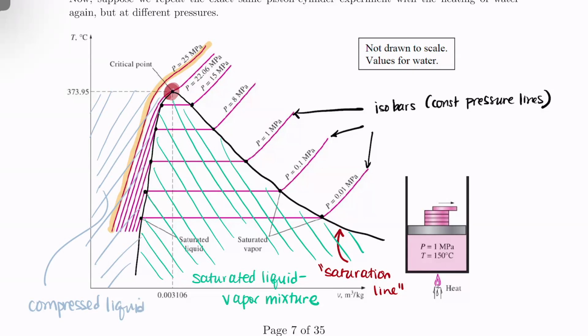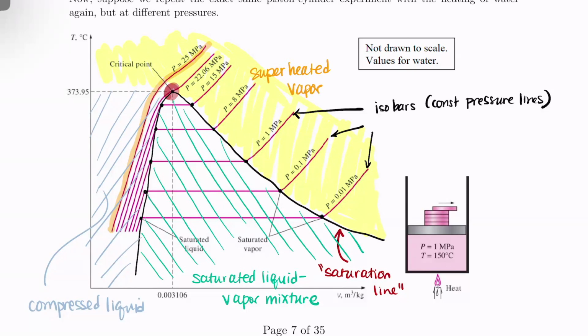And then everything over here is our superheated vapor.